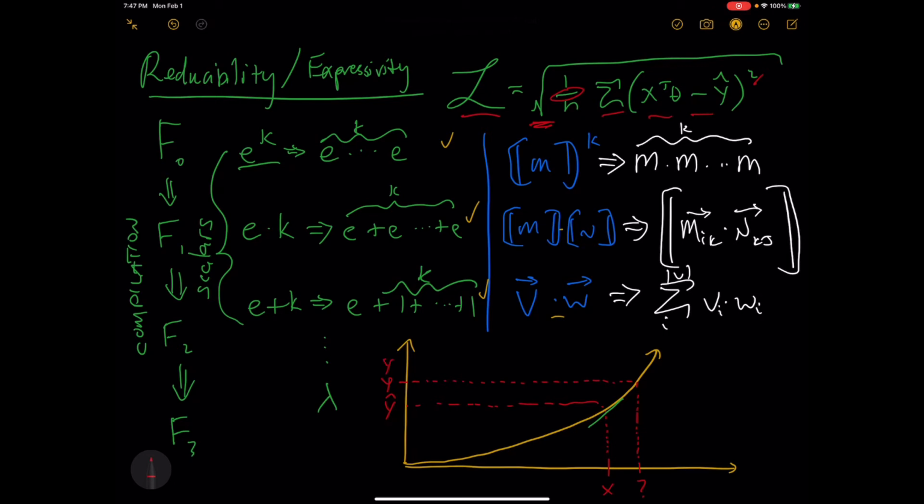Or if y hat is greater than y, then we follow the gradient downhill. And eventually, it can be shown that if this function, call it f, is always increasing, as is the case with exponentiation and root, then this process of gradient descent will converge to the inverse.